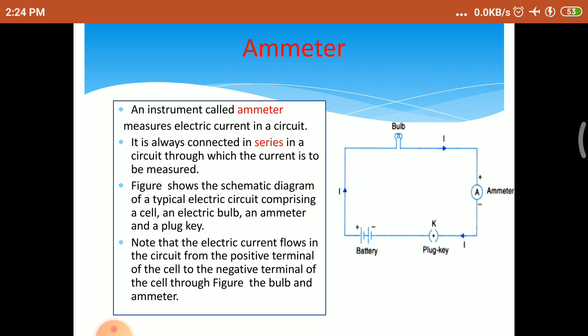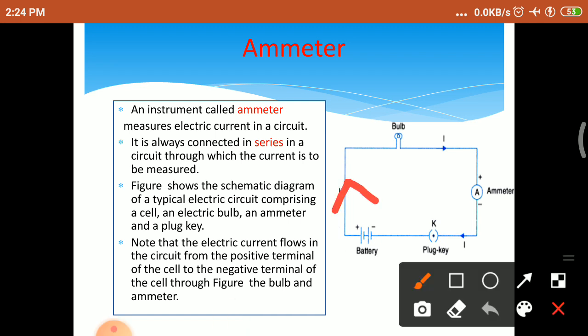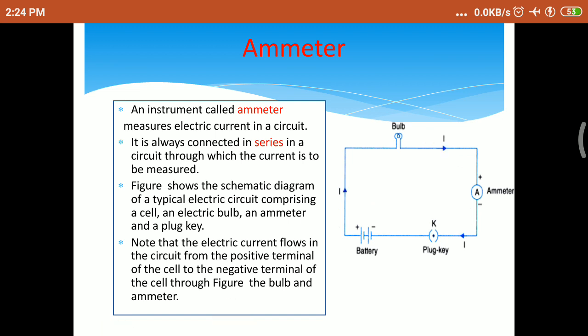And you have to mention the arrow mark on each line. For this wire, the current is upward, and here this is the direction of the current. In this wire, the direction of current is in this direction. For this wire, the direction of current is this. So where did I connect the ammeter?